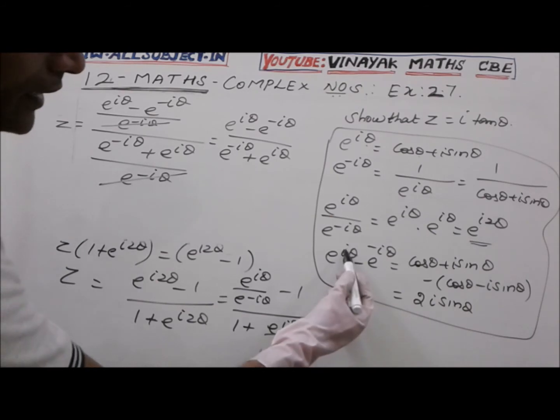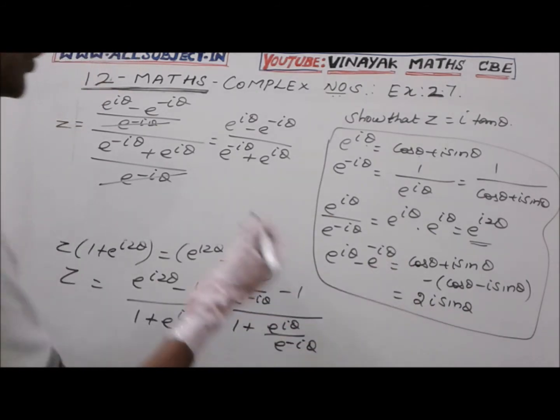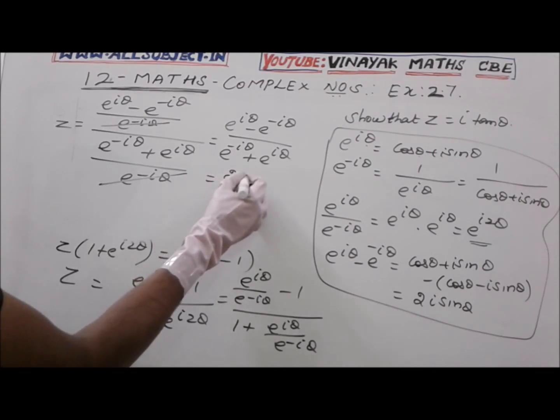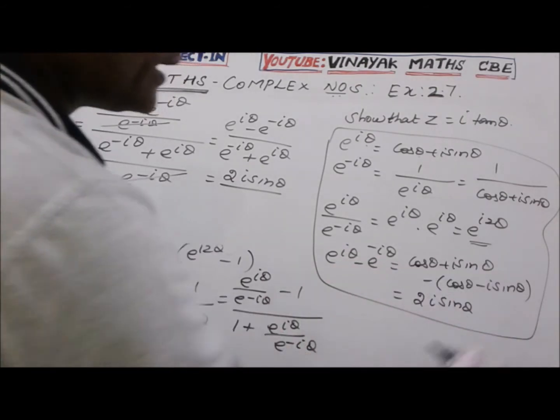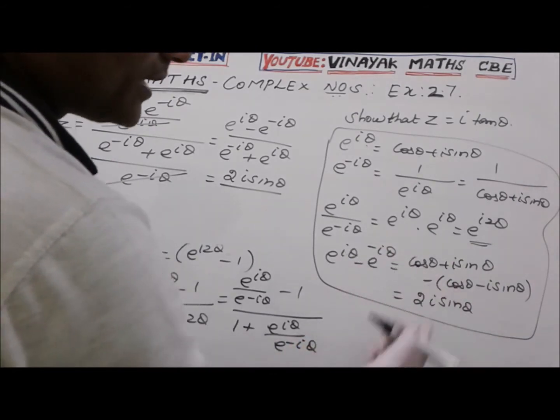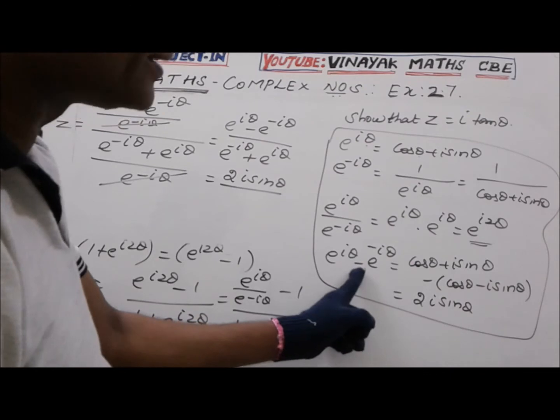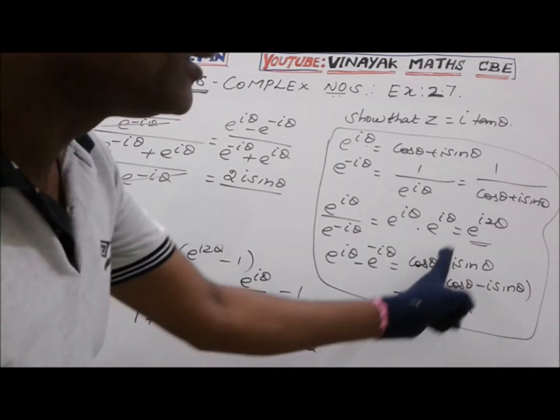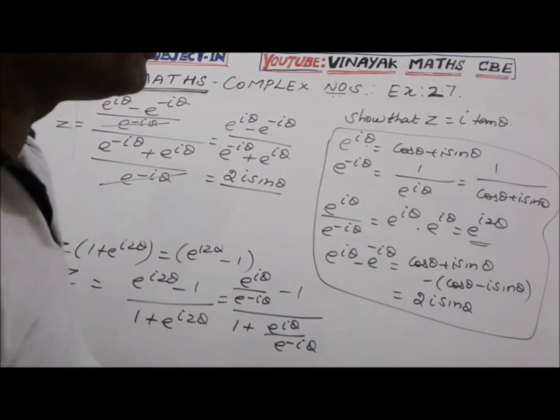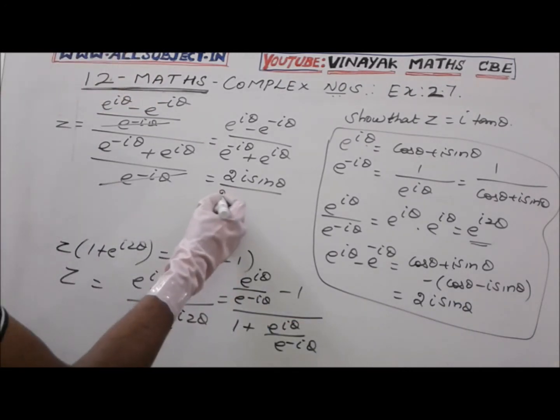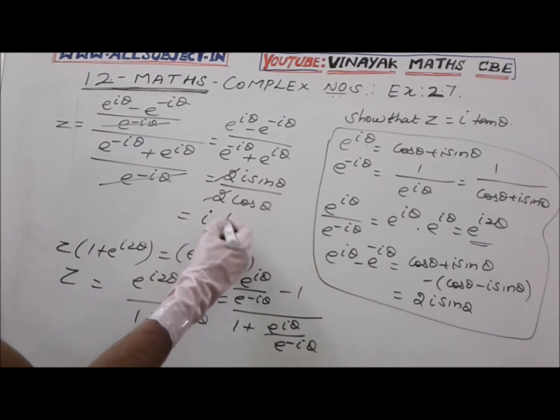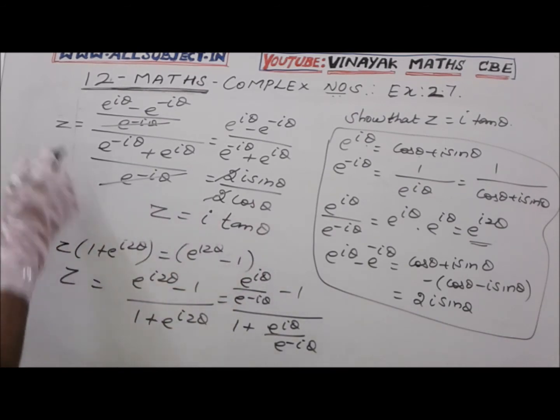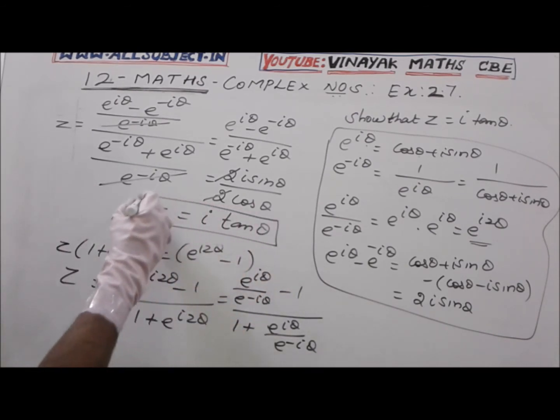When we add these two results, i sin theta and minus i sin theta get cancelled, the cos terms are added, so 2 cos theta. Cancelling these two, i remains, and sin by cos is tan theta. Therefore z equals i into tan theta.